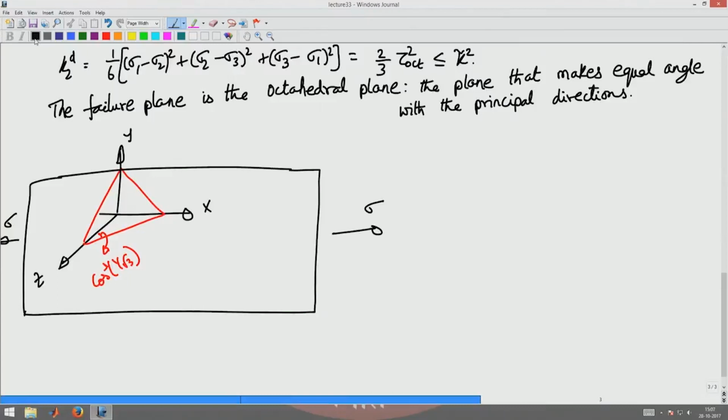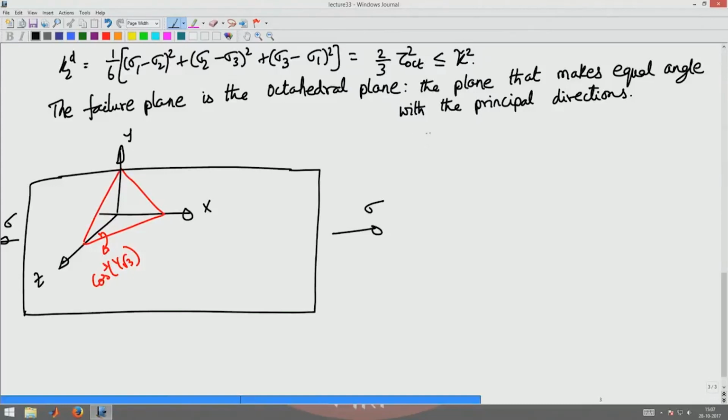Now, there is one more interpretation of this octahedral shear stress, that is, the von Mises criteria can be interpreted as the limiting value of the distortional stored energy.